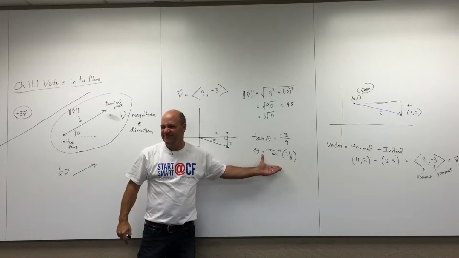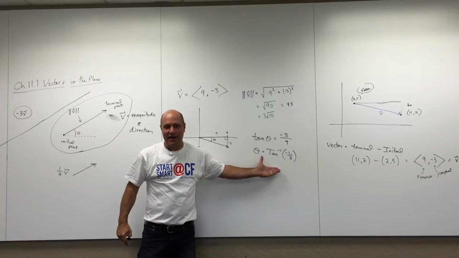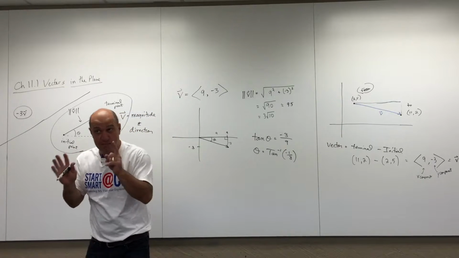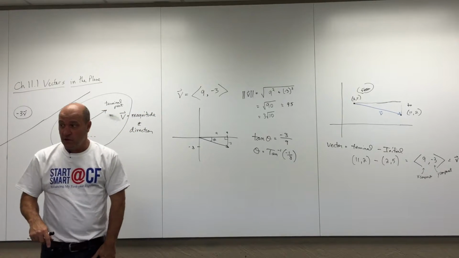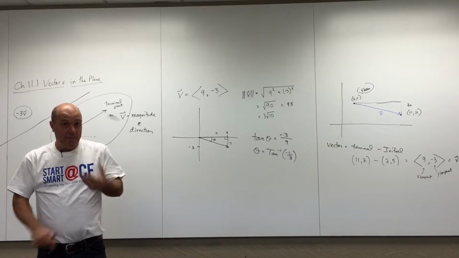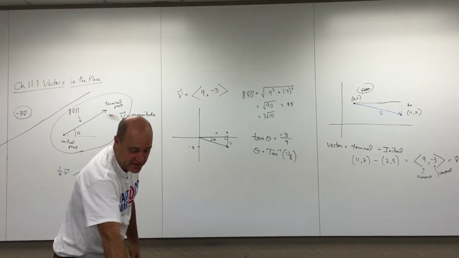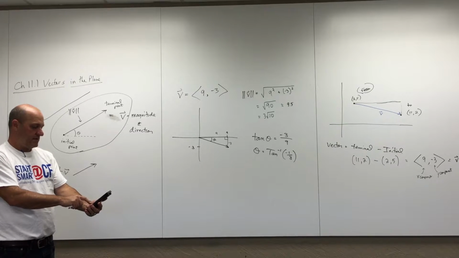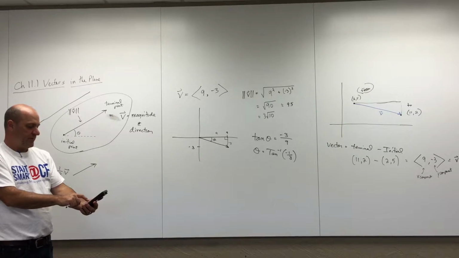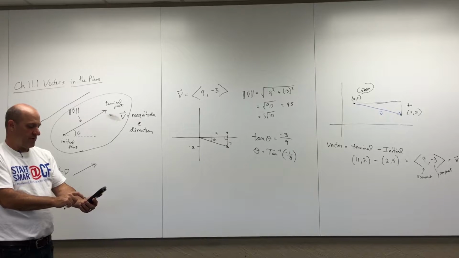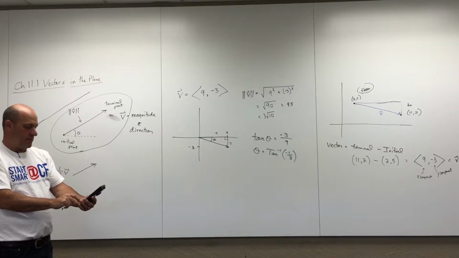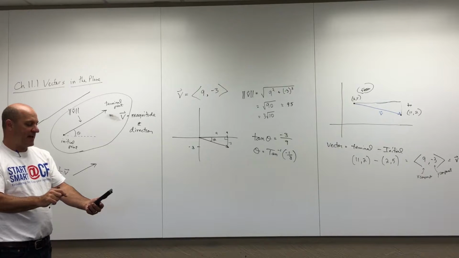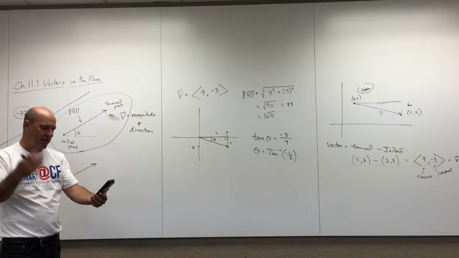But I actually would like you to calculate that. If your calculator is in degree mode, we don't need radians here. Let's practice this a second. What's the tangent inverse of negative 1/3? Oops, I got negative 0.32, I think I'm in radians.